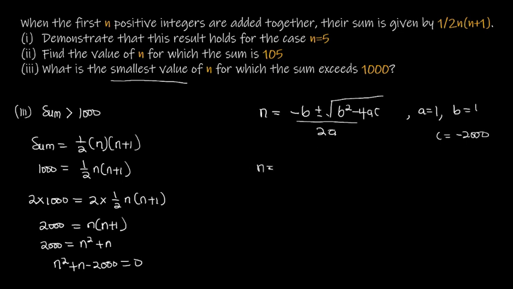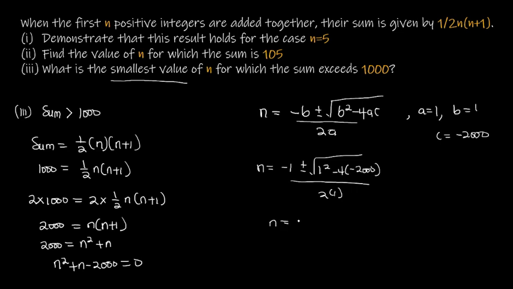So n is equal to minus b, which is minus 1, plus or minus the root of 1 squared minus 4 into a, which is 1, multiplied by negative 2,000, which will still be negative 2,000 here, all over 2, and a is still 1.